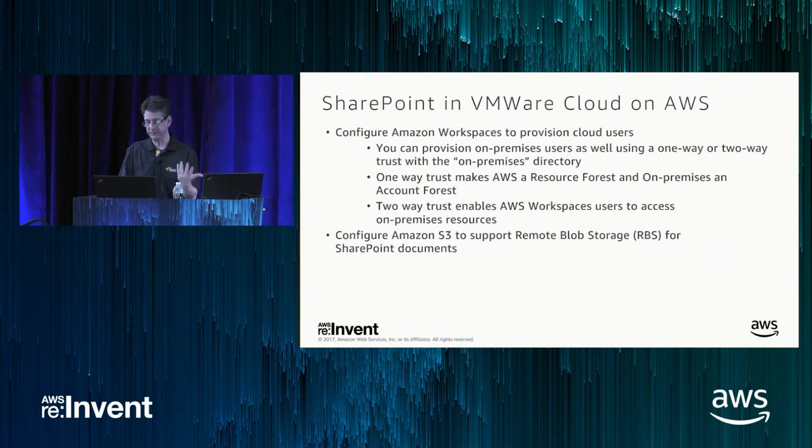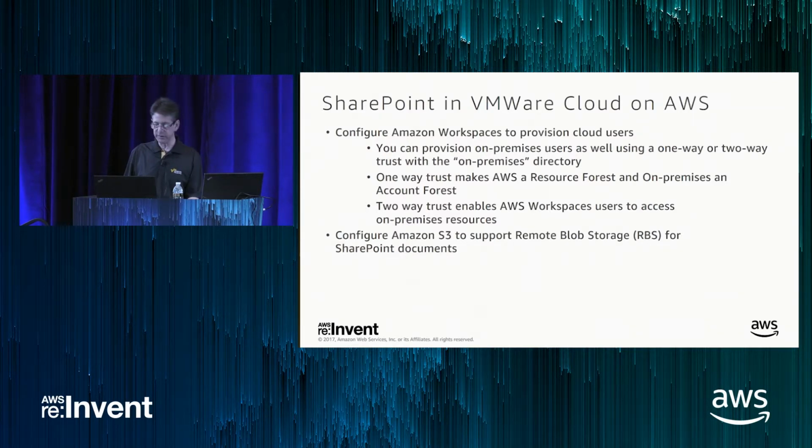So Amazon Workspaces is just a way to enhance the solution. You can also, like my example a minute ago, use Amazon S3 to be a target for remote blob storage for SharePoint documents.